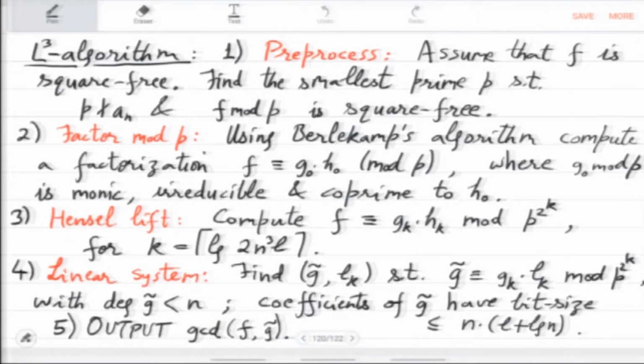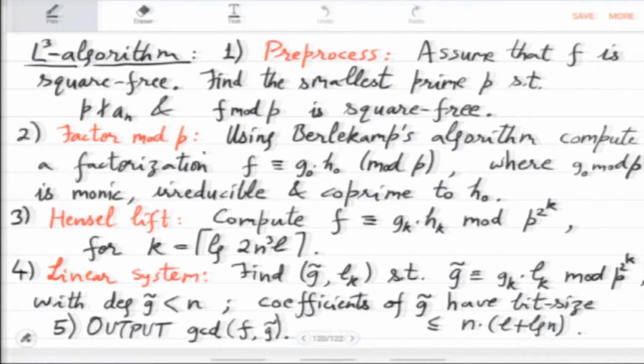In the second step, this is simply a factorization step, so you factorize f mod p. p will be a small prime, so it is enough actually to use the Berlekamp algorithm. Okay, so this will be a deterministic way to factorize f mod p.